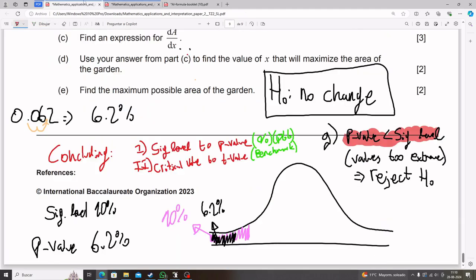So if you want full credit, you would have to plug in the numbers here and say, okay, this is 6.2% being less than that 10%. So clearly you have to reject H0. That is the first way to conclude using significance level with p-value. Essentially, you're comparing percents, comparing probabilities. So that was for comparing probabilities, what's in pink and what's in black.